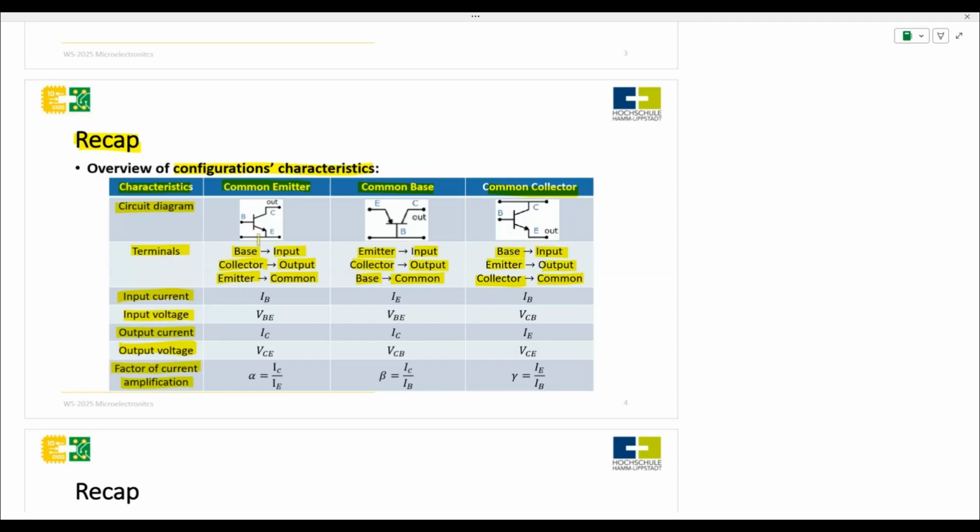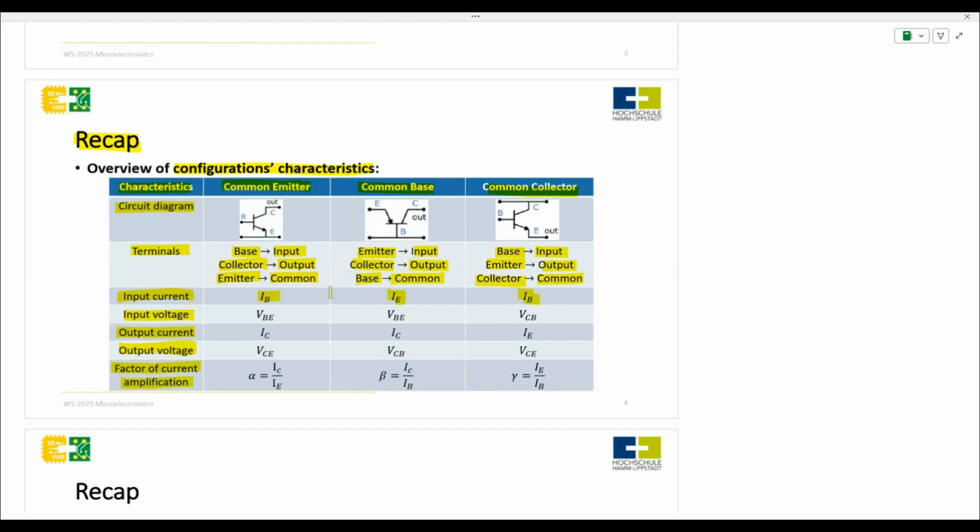About the input characteristics, since the base is the input in the common emitter, the input current is IB. In the common base, where the emitter is the input, our IE is the input current, while in the common collector we have the base, so it is IB as well.